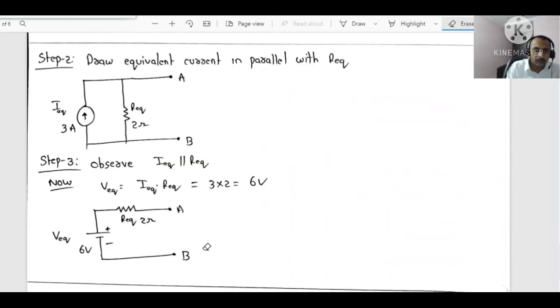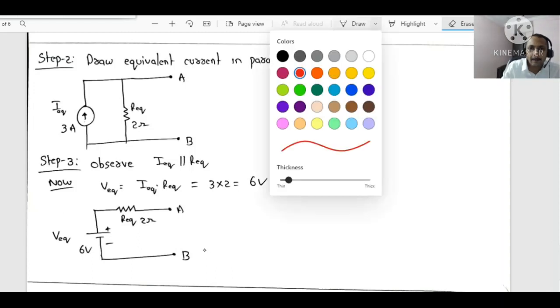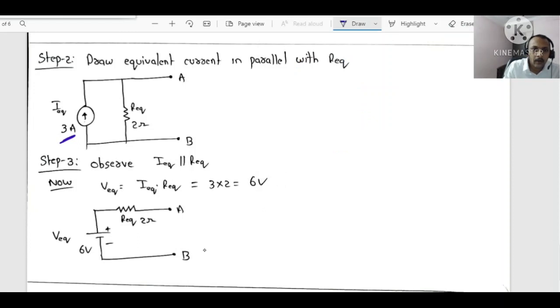Now finally we got 3 amps, and the equivalent resistance we have also found out, which is 2 ohms. Now observe, this current source is in parallel with the resistor.